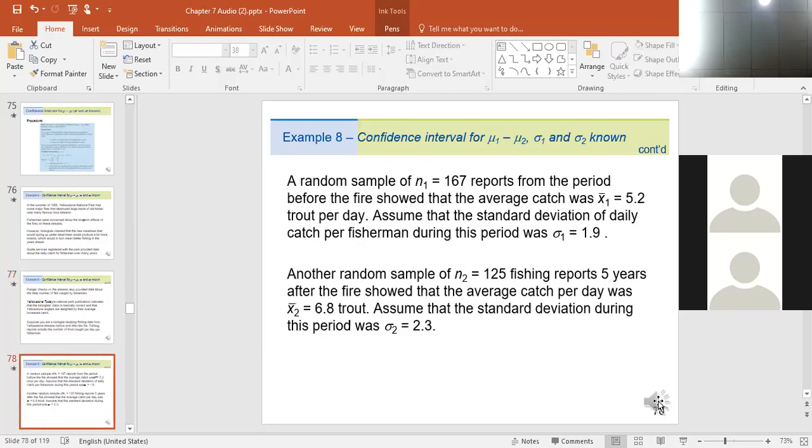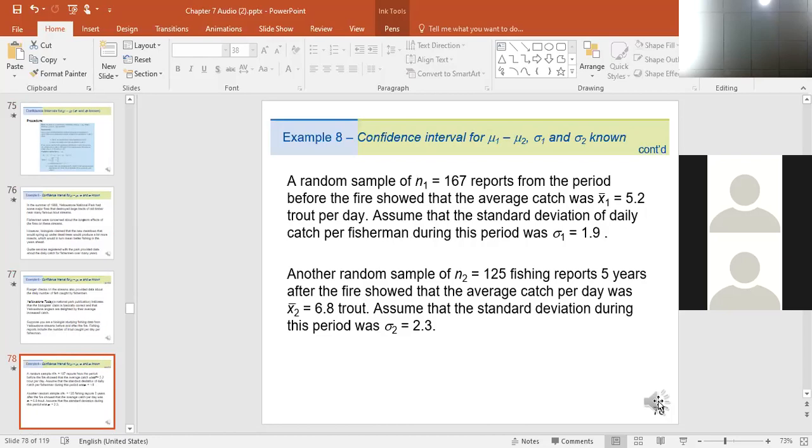So now we have information. From records, a random sample of 167 reports from the period before the fire showed that the average catch was X1 bar equals 5.2. So n1 equals 167. This is the sample size. X1 bar equals 5.2.